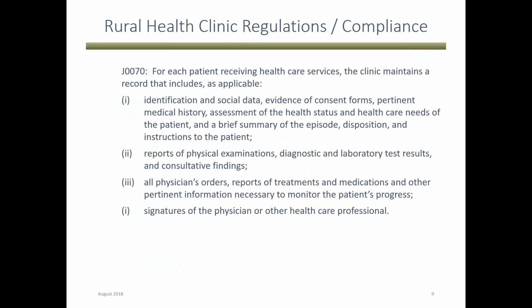J0070 is pervasive. The description is, for each patient receiving healthcare services, the clinic maintains a record that includes, as applicable, and I will go through these because I want you to hear them and see them: identification and social data, evidence of consent forms, pertinent medical history, assessment of the health status and healthcare needs of the patient, and a brief summary of the episode, disposition, and instructions to the patient.